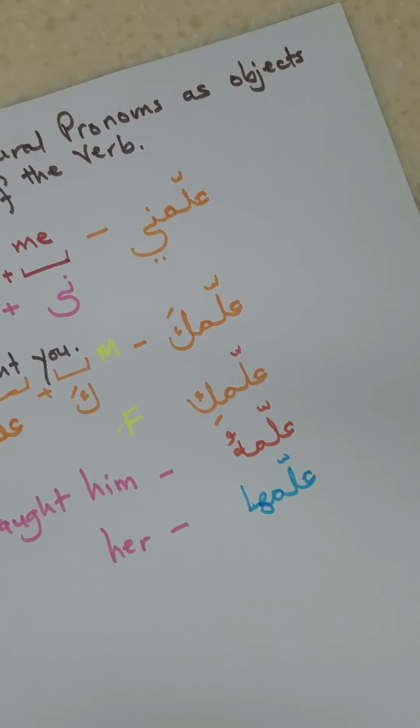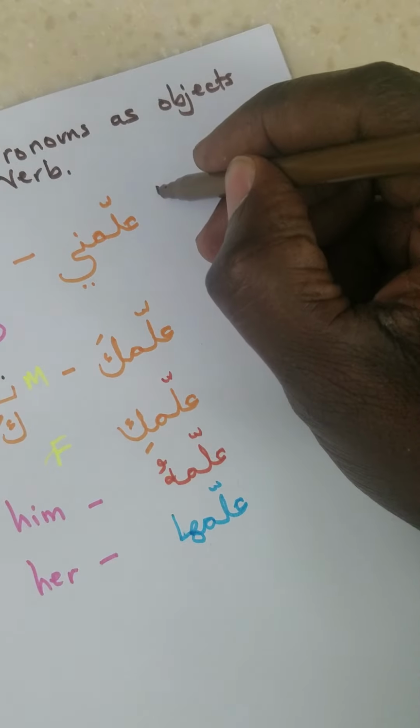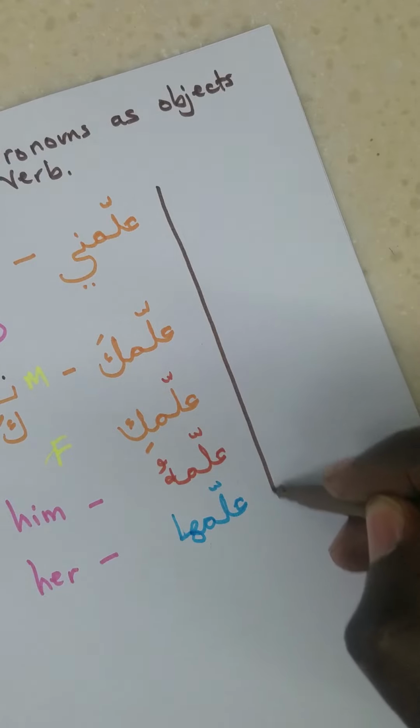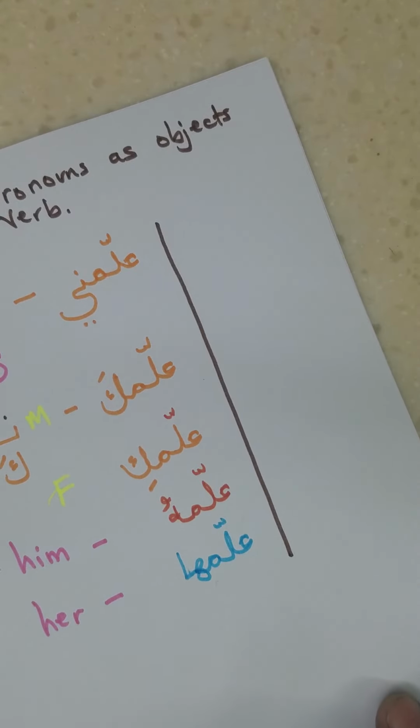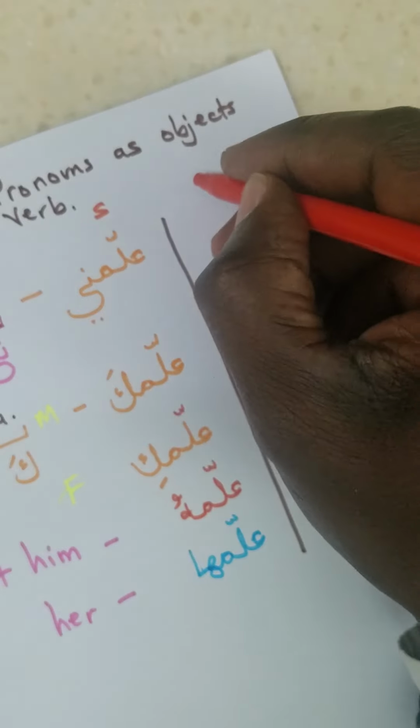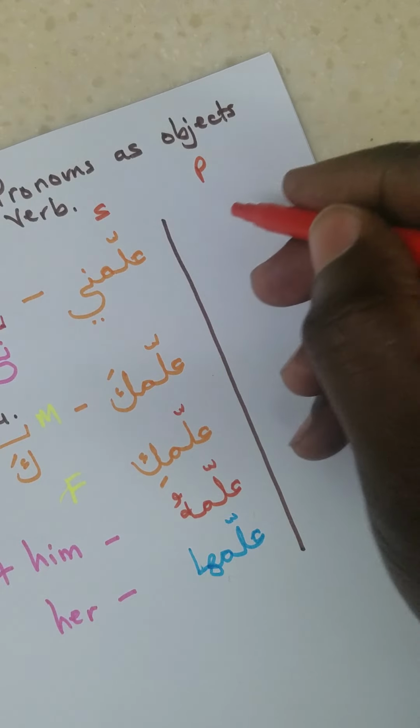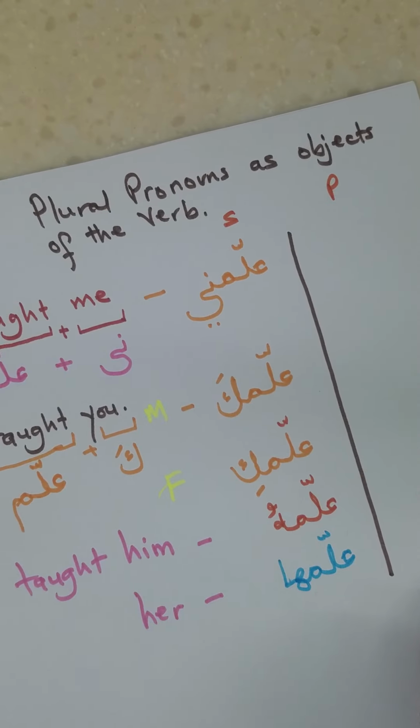So, when you look at just this, it gives you an example of what we exactly want to talk about in the plural. Now, when you look at all these, they are singular. Now, when we say plural pronouns as objects of the verb, we are going to have he taught us, not he taught me.